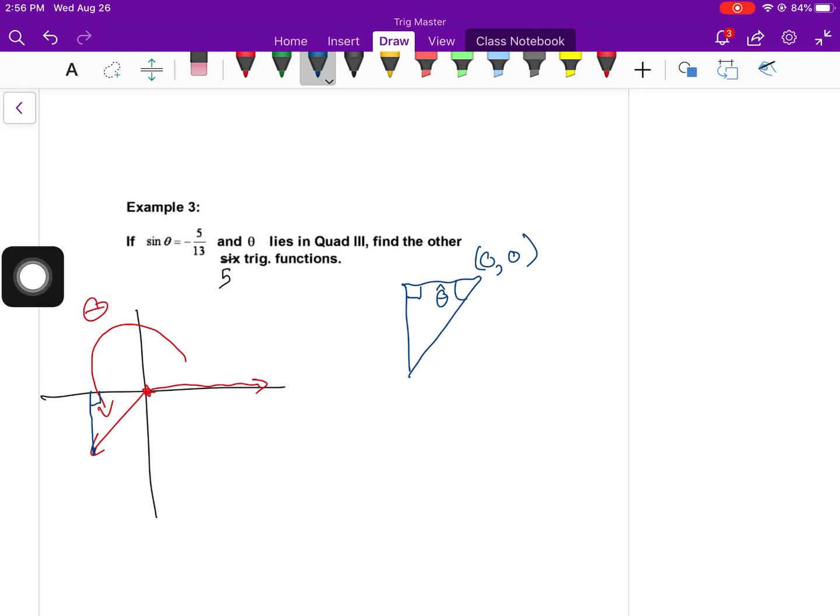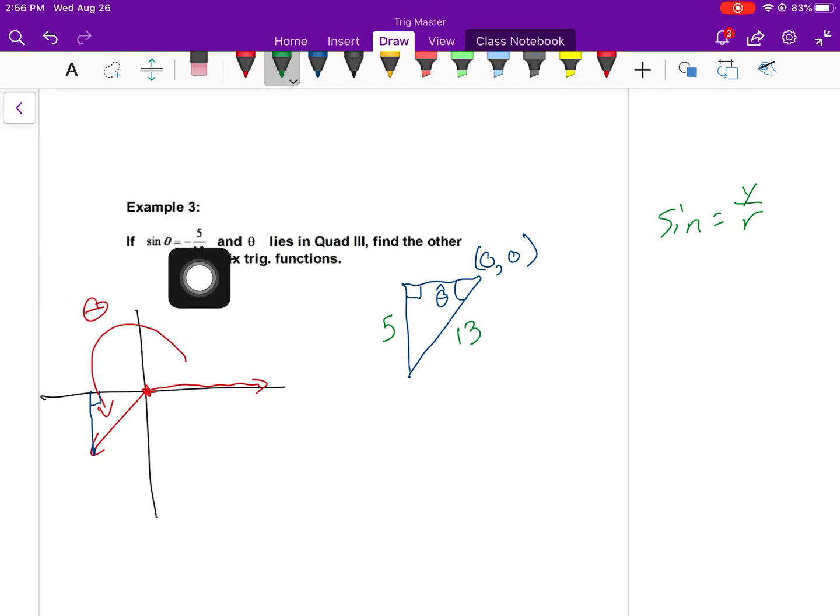Now, negative is a direction, right? Technically, you can't have a negative distance, but we're using negative as the direction left or the direction down. So I can go left 5, I can go left 30, I can go down 15, whatever. But my sine, which is opposite over hypotenuse, right? Or if you remembered sine as y over r, tells me my y value is 5 and my r value is 13.